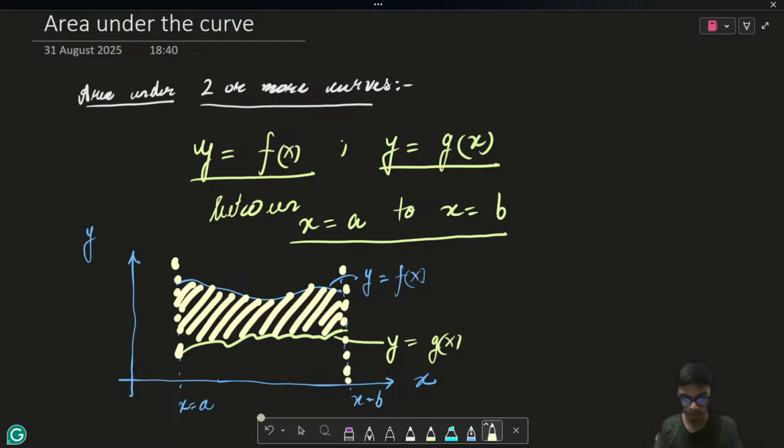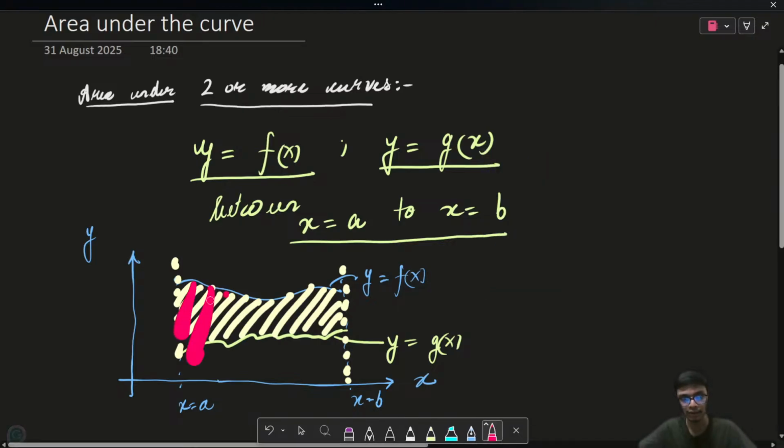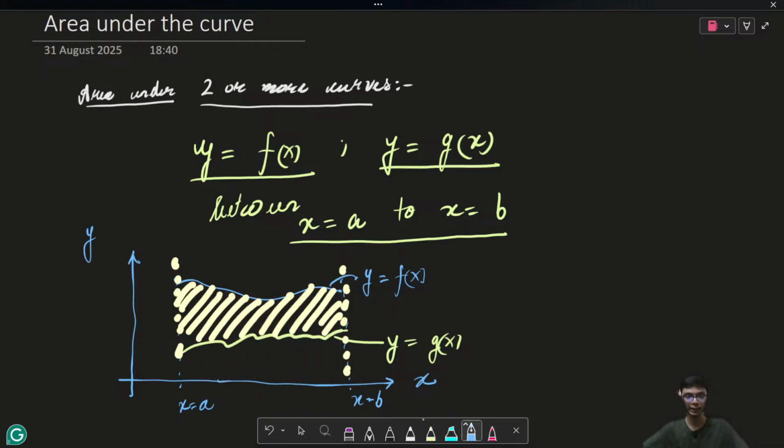In order to find this particular area, it's a very simple concept. First of all, I'm going to find this entire area that is bounded by f of x with the x-axis. Once I find this, I'm going to find this other stretch of area.